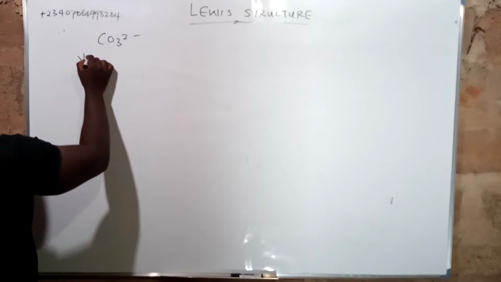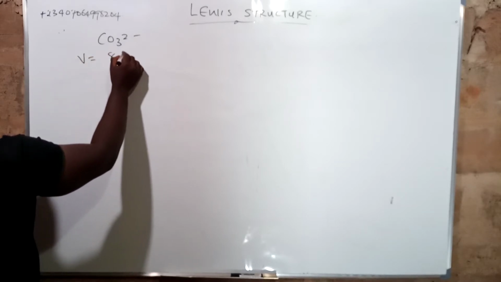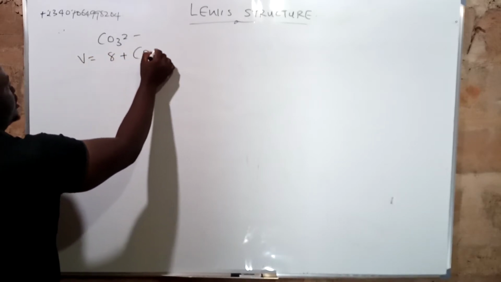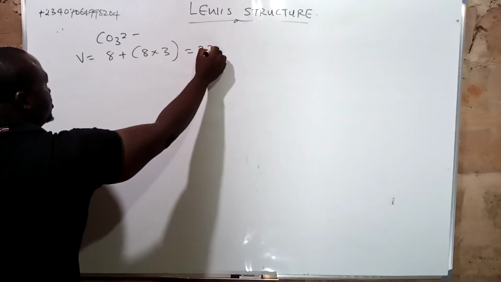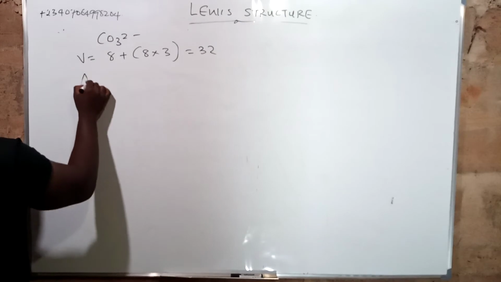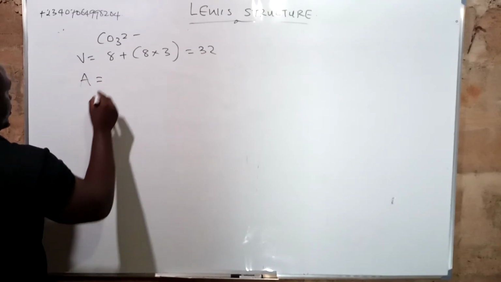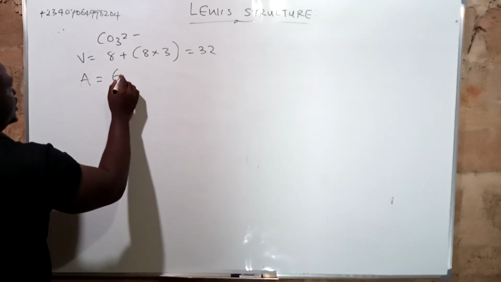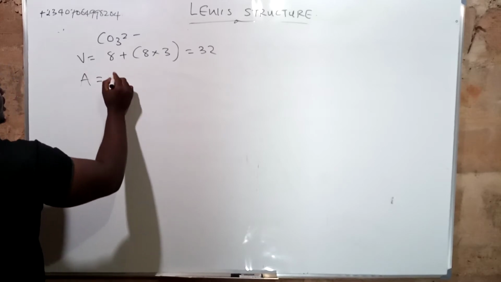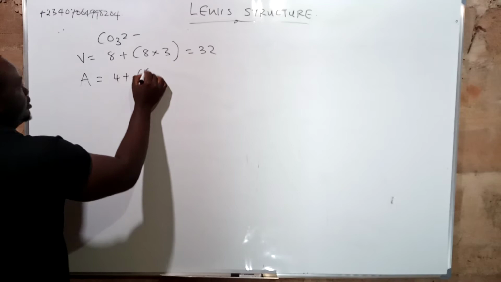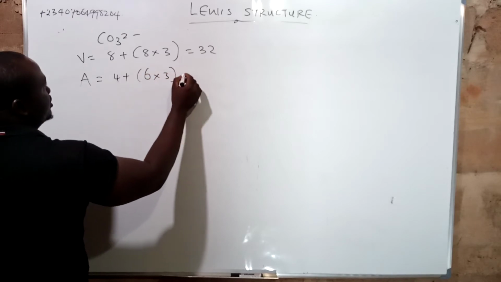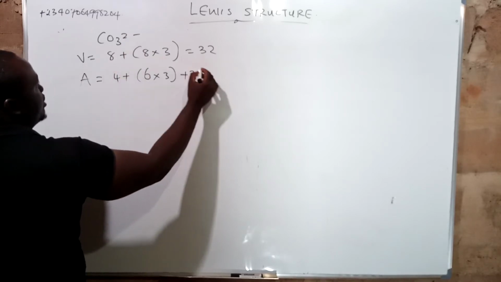So V is what? 8 plus 8 times 3, right? That should give you 32. So your A is 4 plus 6 times 3 plus 2 because of that minus.